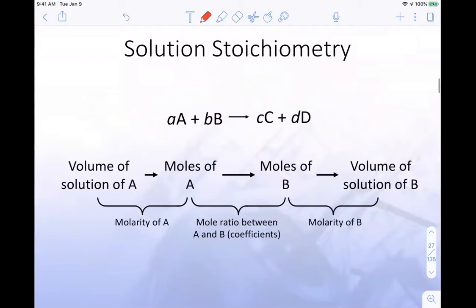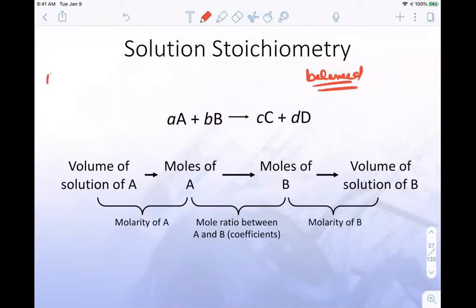So let's look at this. Remember, here's my generic chemical equation. My chemical equation has to be balanced before I can do any stoichiometry.